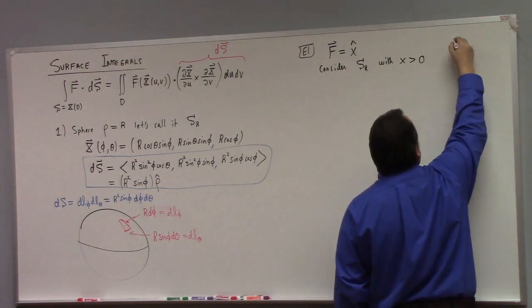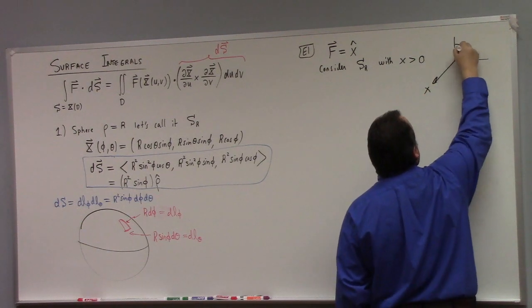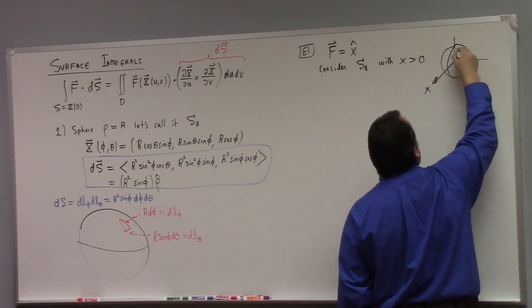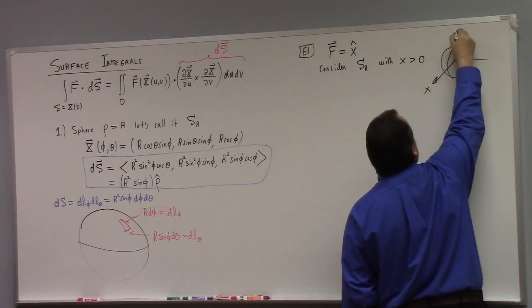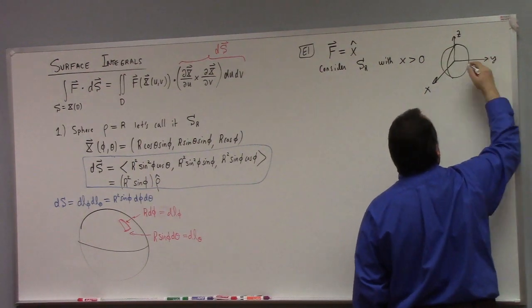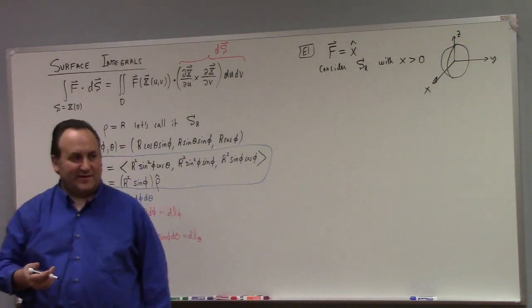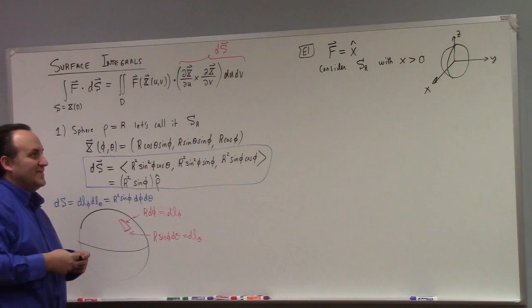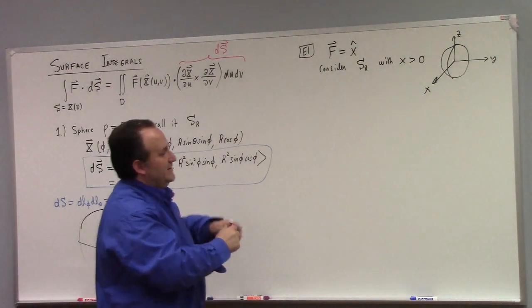All right, so if I can draw a picture of that. Here's my x. I should have made it y greater than 0. I can draw a better picture of that. My bad. But to be clear, the back of this is cut off.